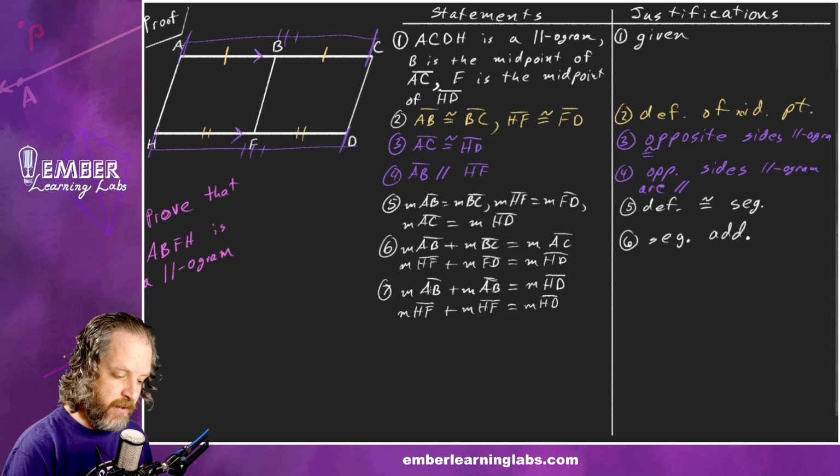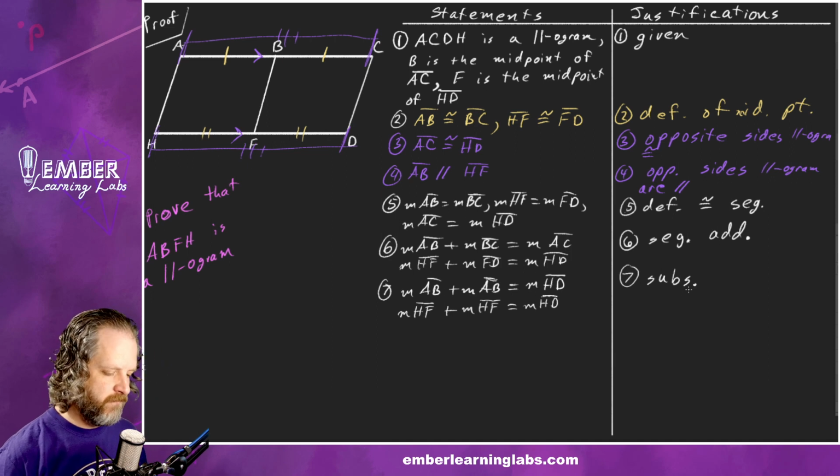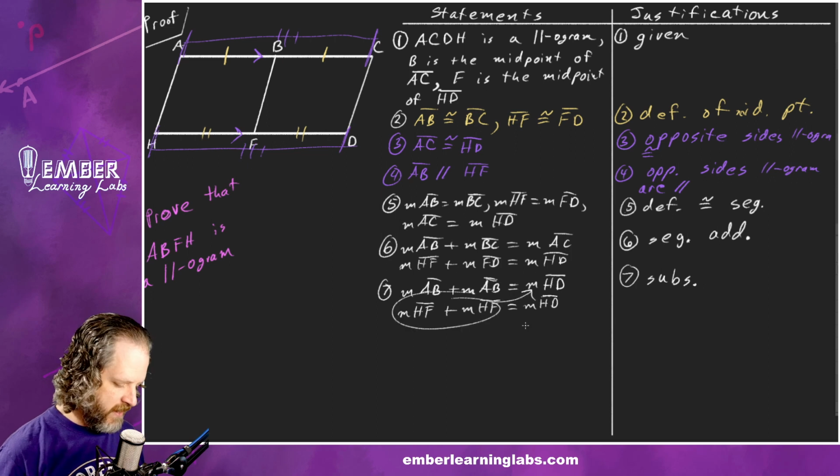All right, now this side and this side are both equal to HD. This was substitution. Right? So now we can say the measure of AB plus the measure of AB equals the measure of HF plus the measure of HF because we're taking and we're substituting this into right there, right?